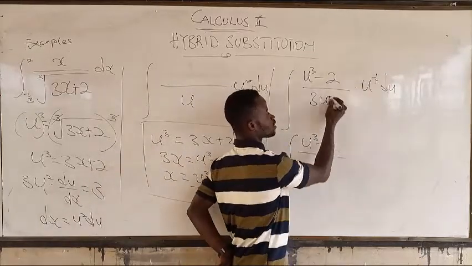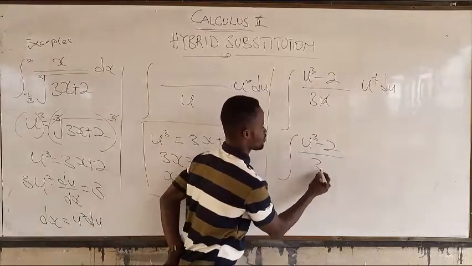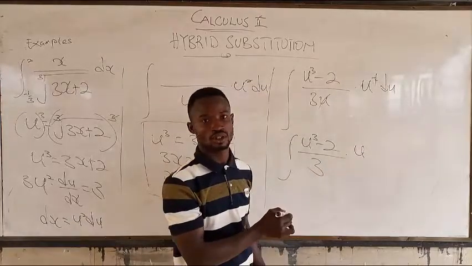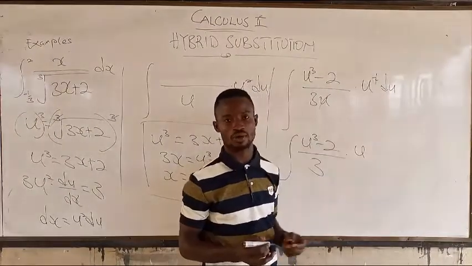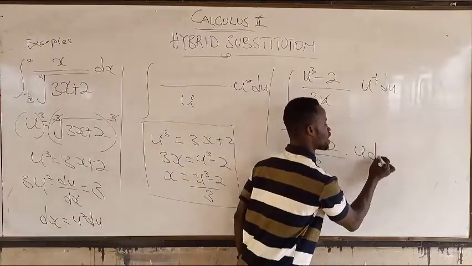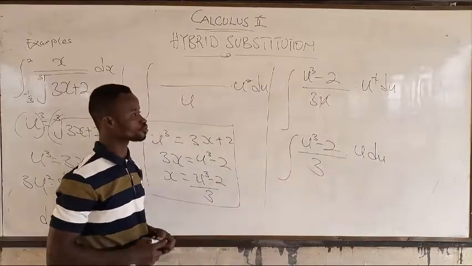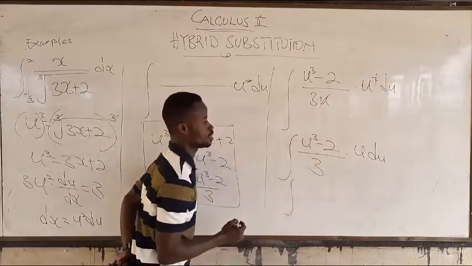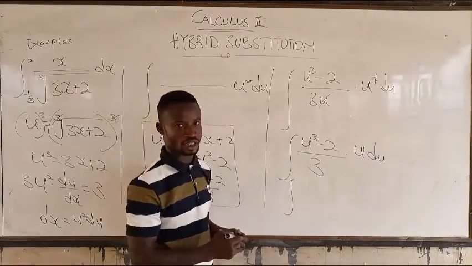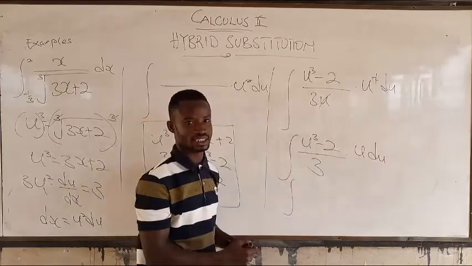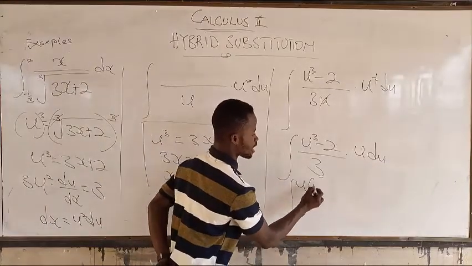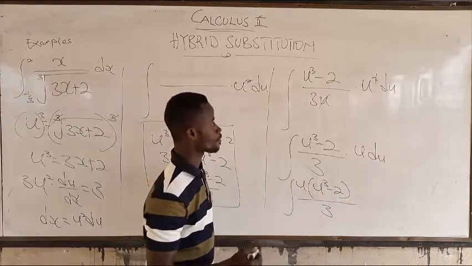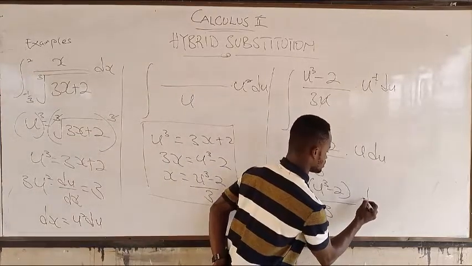So one of them will cancel, leaving 3 here and 1 over u there, then the operator du. You continue with the algebra: the u here will multiply everything, so we get u times (u to the power 3 minus 2), all over 3, du.